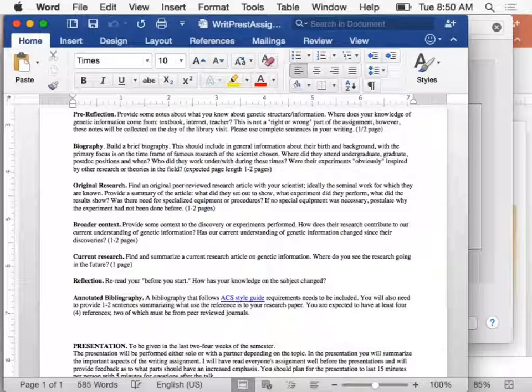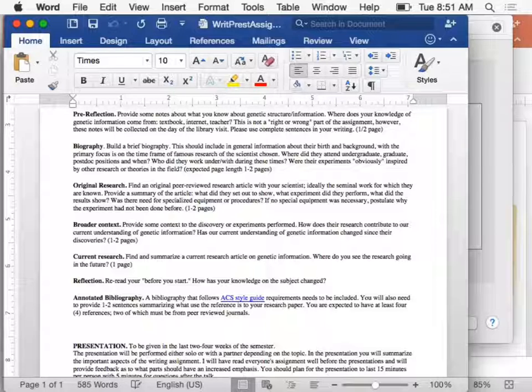The original research, his research is probably why we have the Human Genome Project. Without his research in recombinant DNA, we don't have the human genome. Okay? So his research is pretty up there. So what you'll have to do is find an original peer-reviewed article and look at that research and evaluate it.